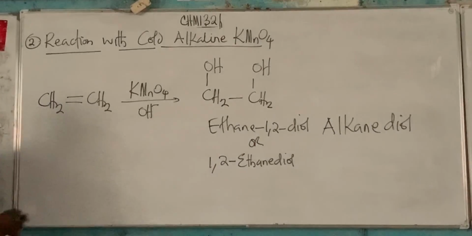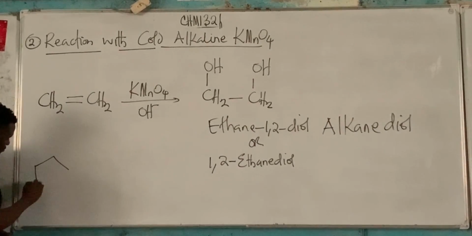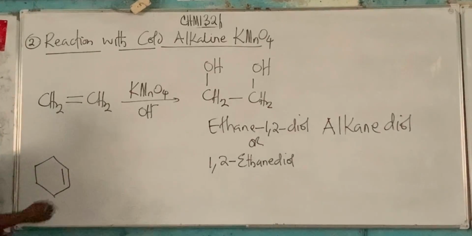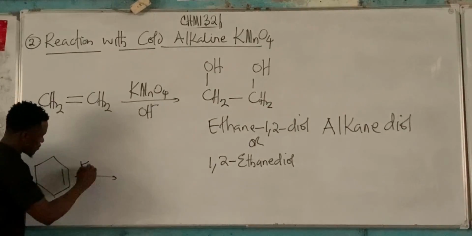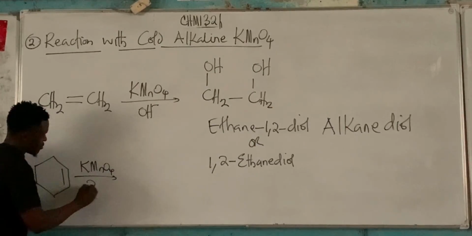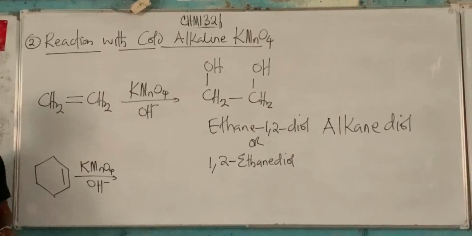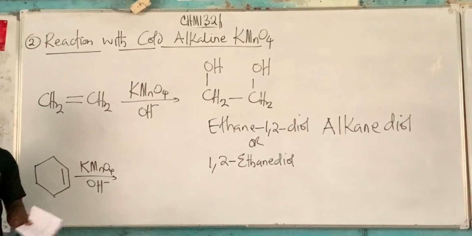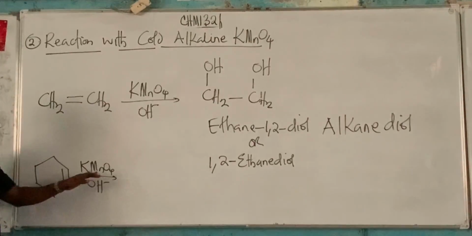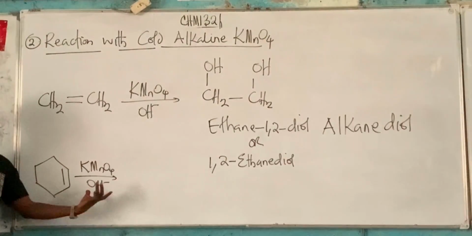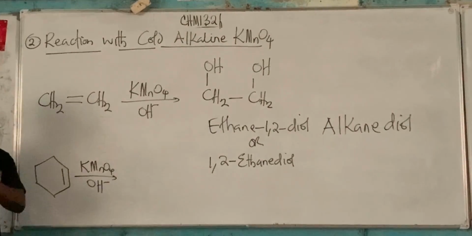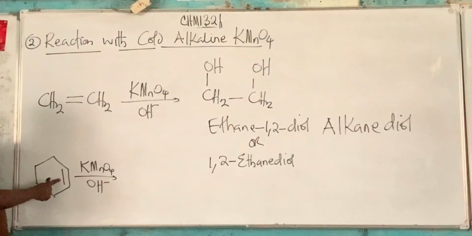What if they give me something like this? Cold alkaline KMnO4. My only interest is that once I see KMnO4, I know it's an oxidation reaction, an oxidizing agent. Once I see OH minus, I know that this is cold or mild condition, and mild condition can only break one of the bonds.